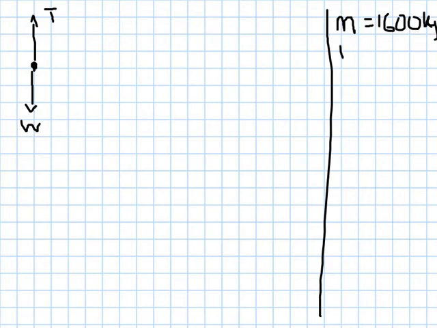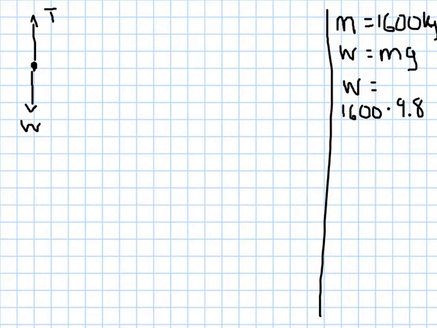Now I know that weight is not the same thing as mass. Weight is equal to the gravitational force, so mass times the gravitational acceleration, mg. And so that means that weight is equal to 1,600 kilograms times 9.8 meters per second squared.